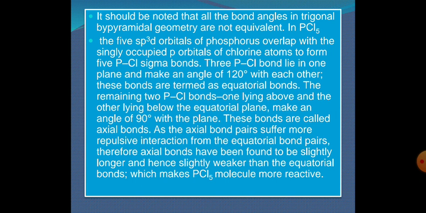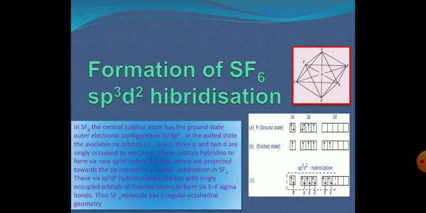Therefore, axial bonds are found to be slightly longer, hence slightly weaker than the equatorial bonds, which makes the PCl5 molecule more reactive.